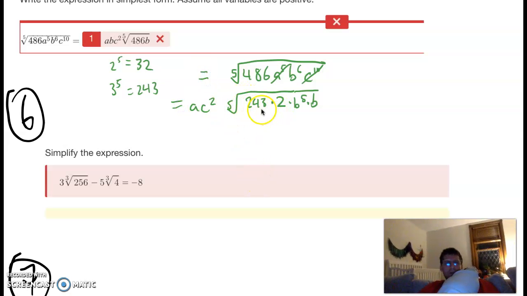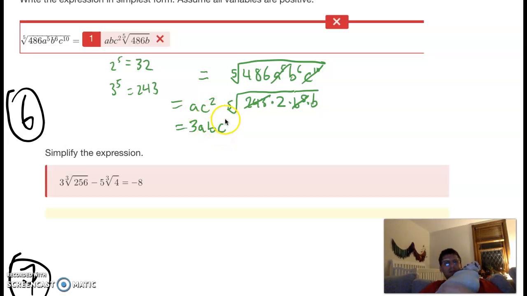Now the 5th root of 243 is indeed 3, so I'll get 3a. The 5th root of b to the 5th is just b. So I still have my a c squared.